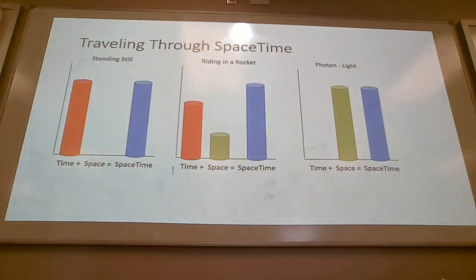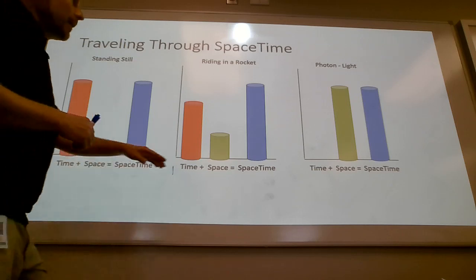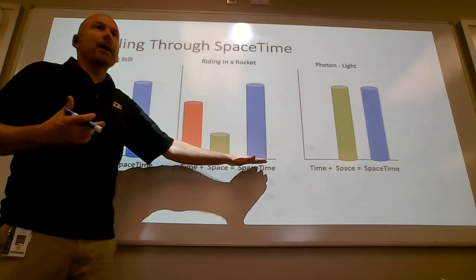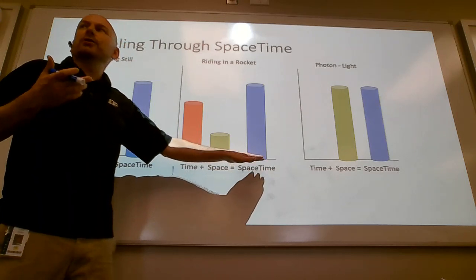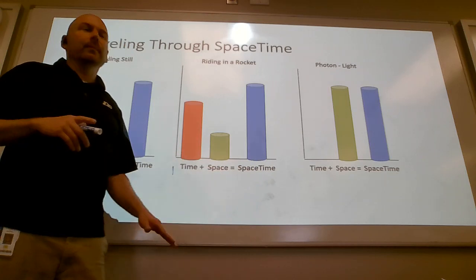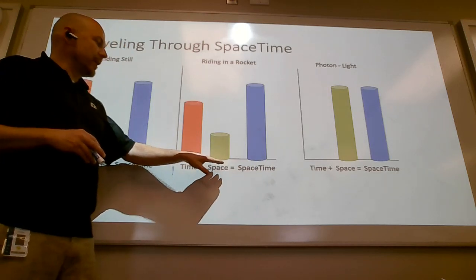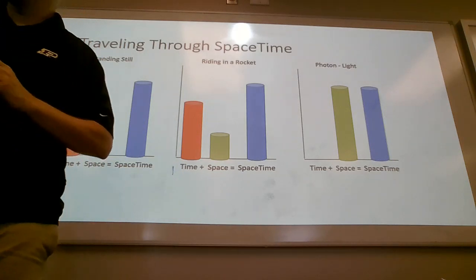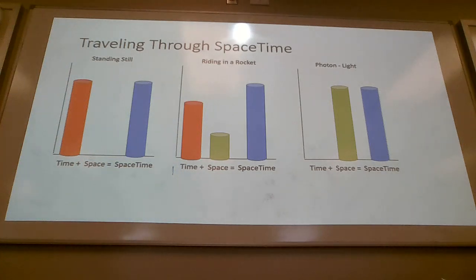Yeah, because the amount of your speed through space-time is a fixed amount. And so the faster you travel through space, the slower you travel through time. So light does not experience time because it's going the speed of light.